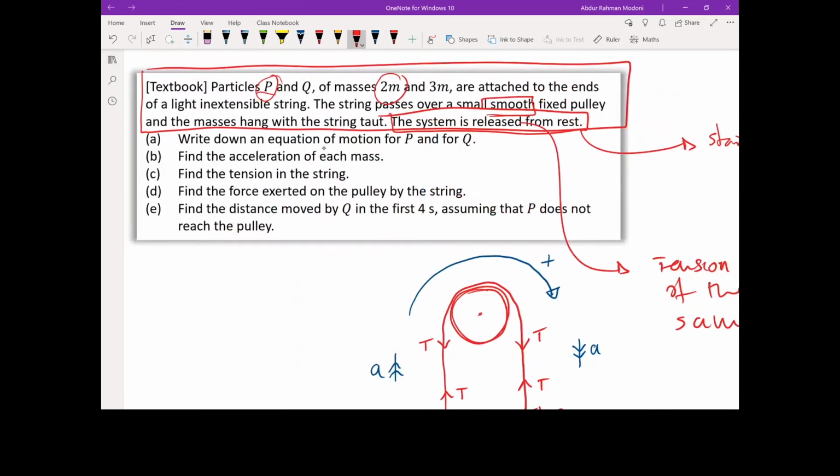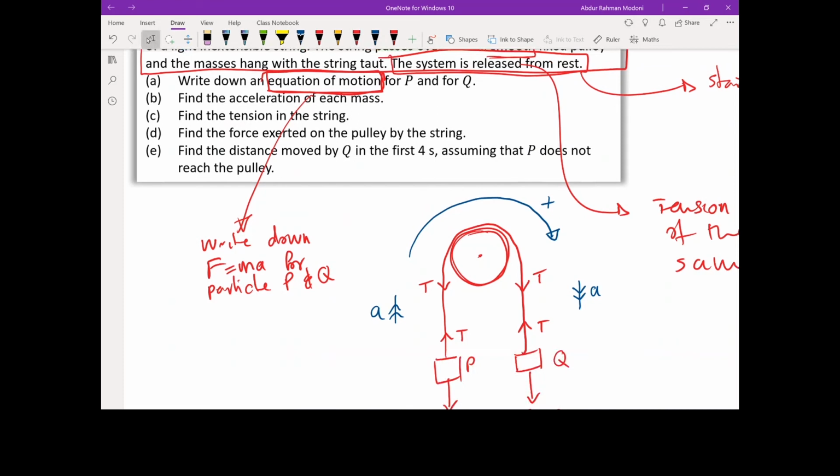What's the question asking? It says write down an equation of motion. We need to understand what this phrase means. It's often asked, and you might not know what an equation of motion is. Equation of motion is referring to Newton's second law. If it says write down the equation of motion for particle P or Q, it means write down F equals ma for particle P and Q. In which direction though?